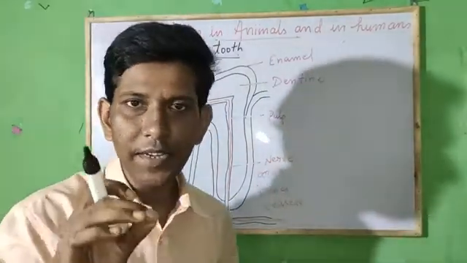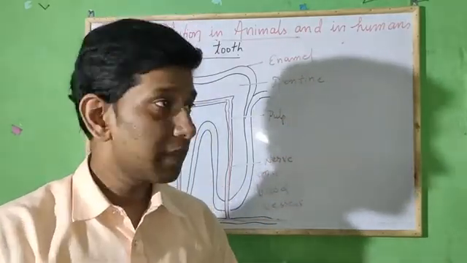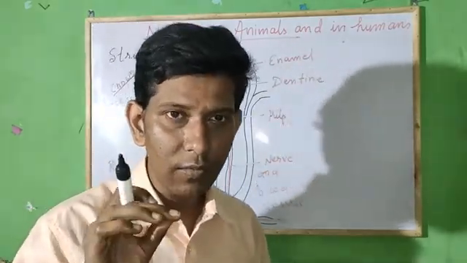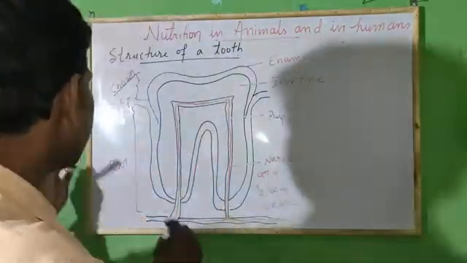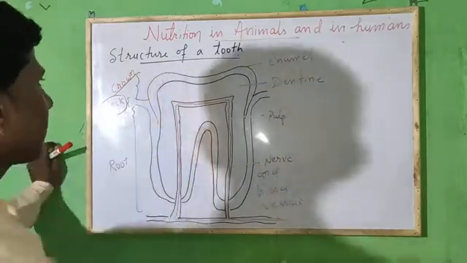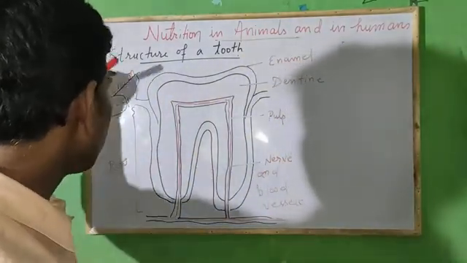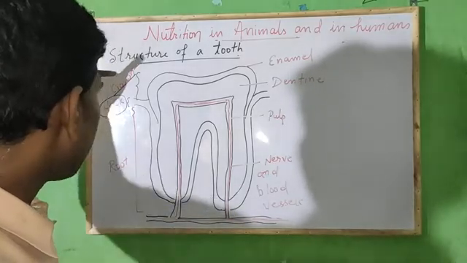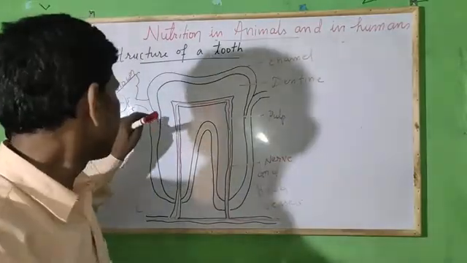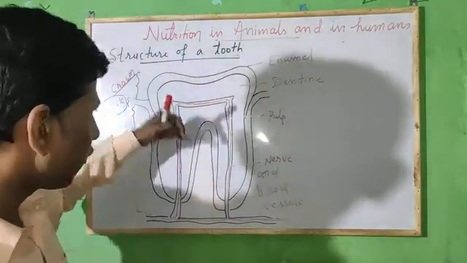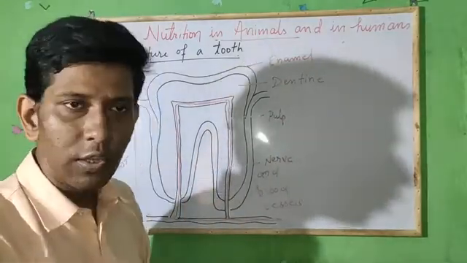Root is embedded in the gums, and it's very important. Why? Because if the root is not in a healthy position, our tooth will not be able to survive. And the third portion is the neck. Neck just connects crown and root. So you can see the three important parts of our tooth. The first one is the crown, the uppermost part. The second is the root, that is the lower portion, and the third, the neck, connects crown and root.